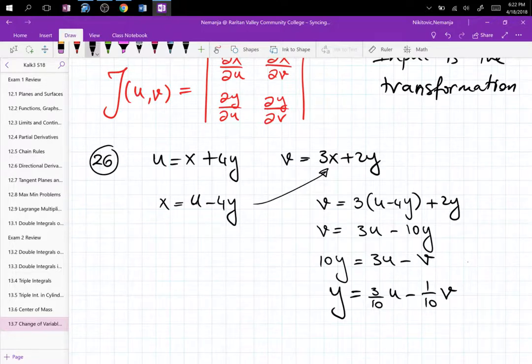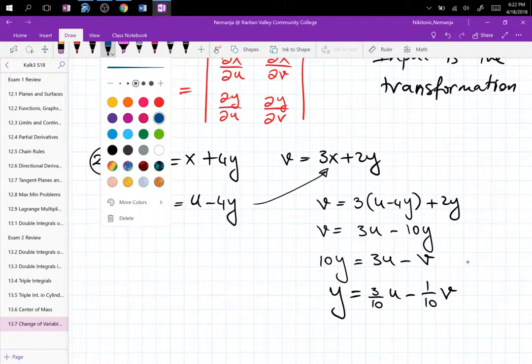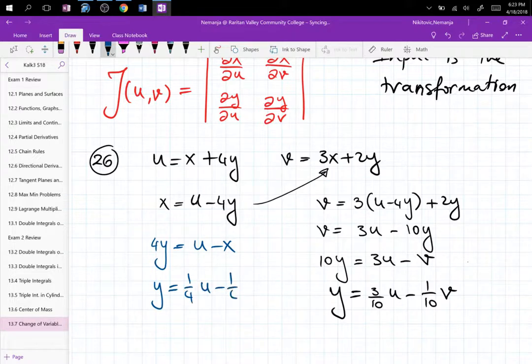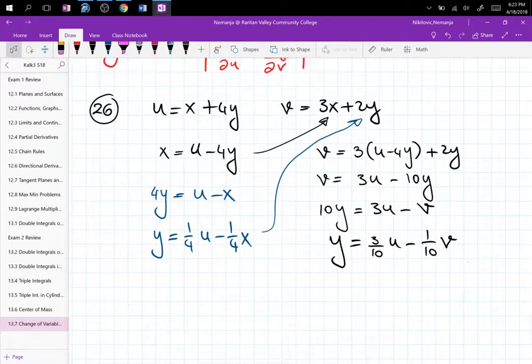So now, for the second one, let's do this maybe in dark blue or something. For the second one, I solve for y, so 4y is equal to u minus x. So y is equal to 1/4 u minus 1/4 x, and now we have to plug that in, and it's not going to be too much fun.